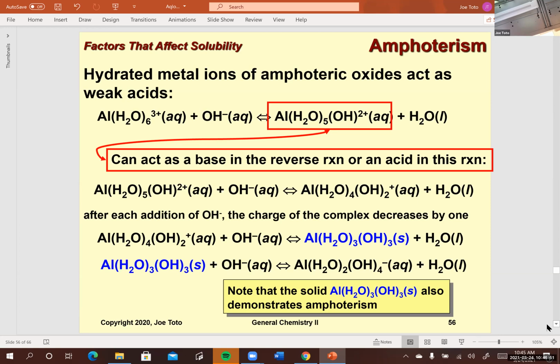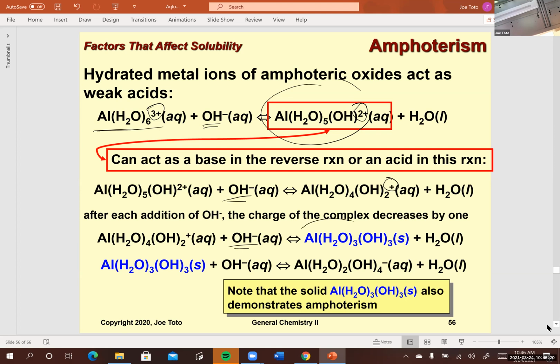Here's one reason why they're cool. Say you have some solution, aluminum 3+, and you add hydroxide to it, it forms this complex. Notice that the charge goes down for every hydroxide that the aluminum takes on and displaces the water. So it can take on another one, charge goes down, takes on another one.